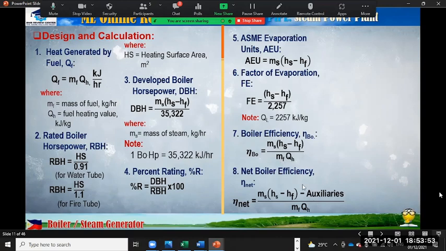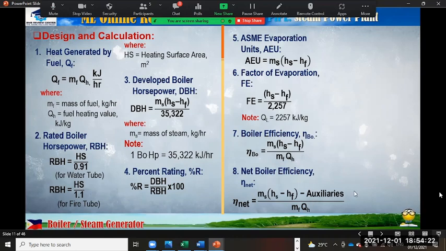Why? Because the auxiliaries are going to need energy. And the one that is going to provide this one is the steam. So much so that the heat that is being given off to the auxiliaries is a portion of the heat coming from the actual generated heat or absorbed heat by the steam. So much so that we are going to subtract it from there.